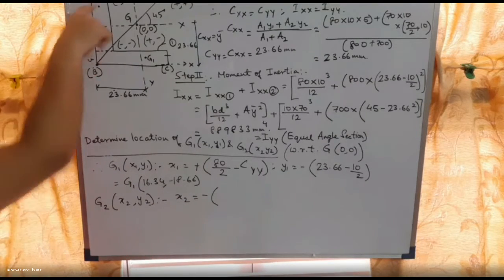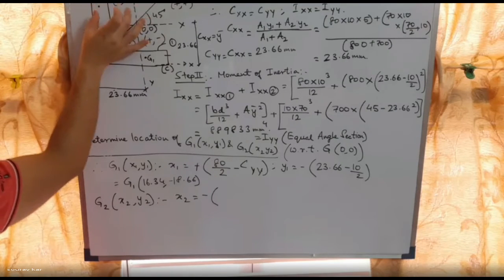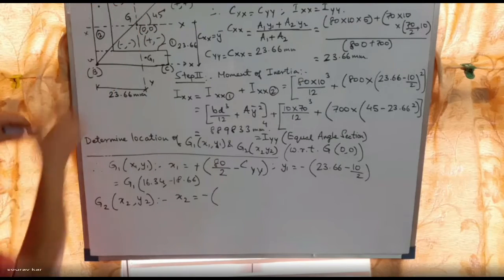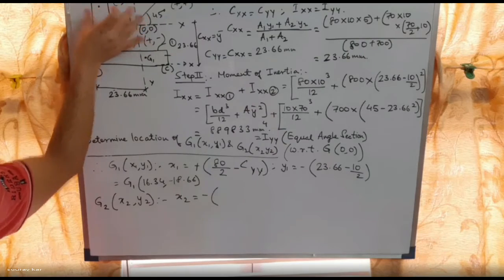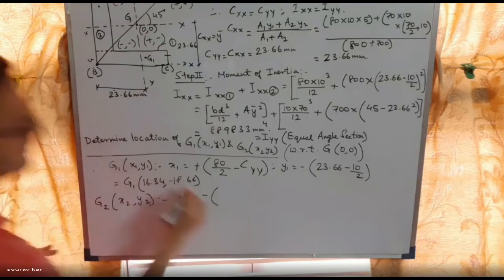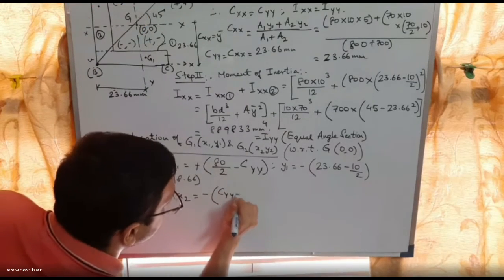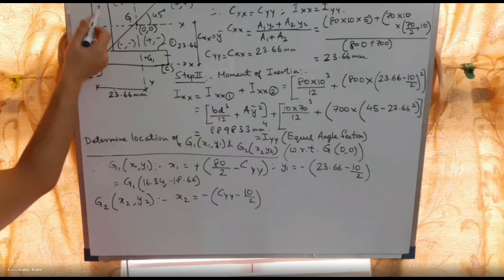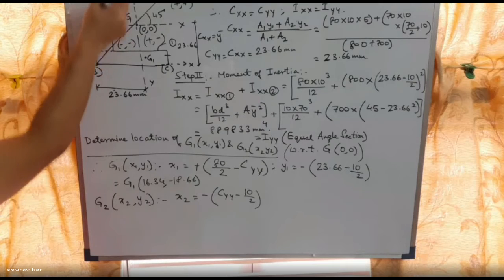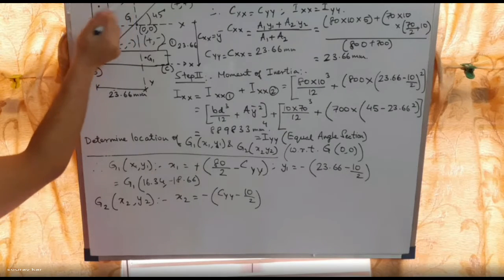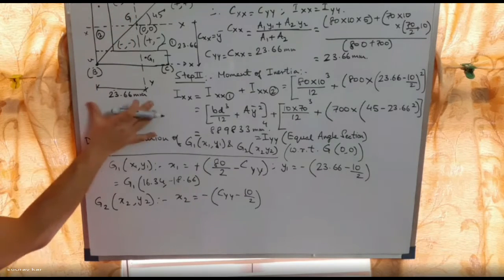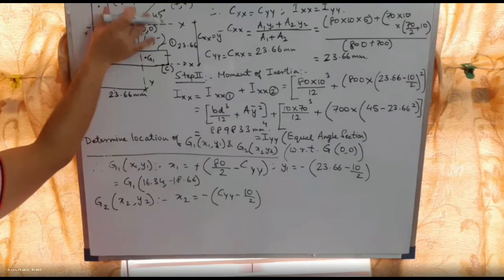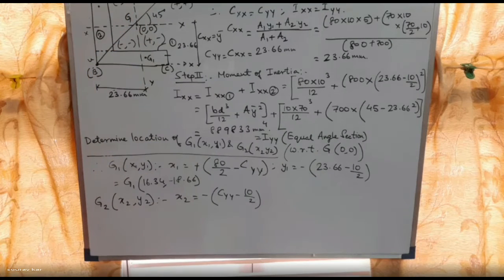So what will be the distance of x2? x2 मतलब यहां से यहां डिस्टेंस, this distance है ना? So इतना, so CYY minus 10 by 2. So we are measuring the distance of G1 from this point, this axis. ये एक्सिस बराबर माप रहा है, तो क्या होगा? 23.66 this total distance minus the half of this bar.